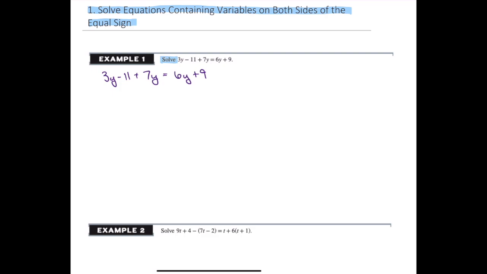And remember, that means that we want to use some rules of algebra, move things around, combine like terms, and get to a point eventually where we just have a single variable, in this case y, equals some number.